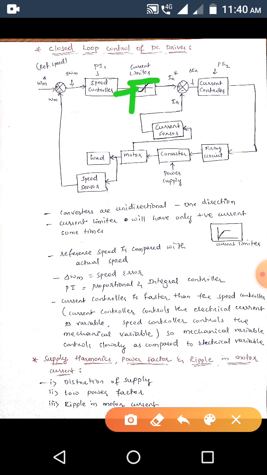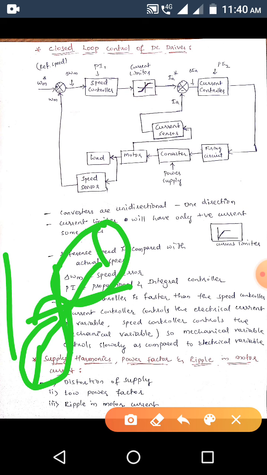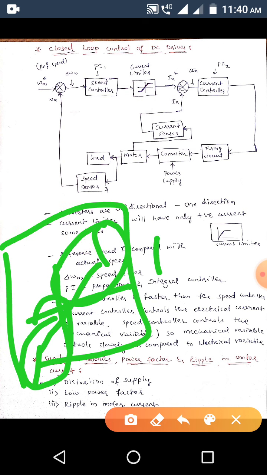So we can draw it like this: this is the negative current limiter, this is the positive current limiter. Overall this set we will call the current limiter, CL.